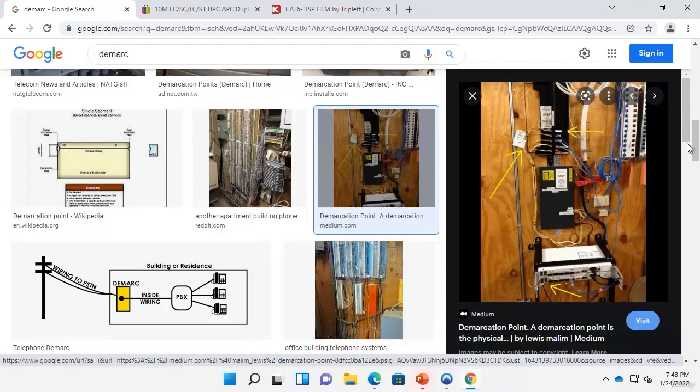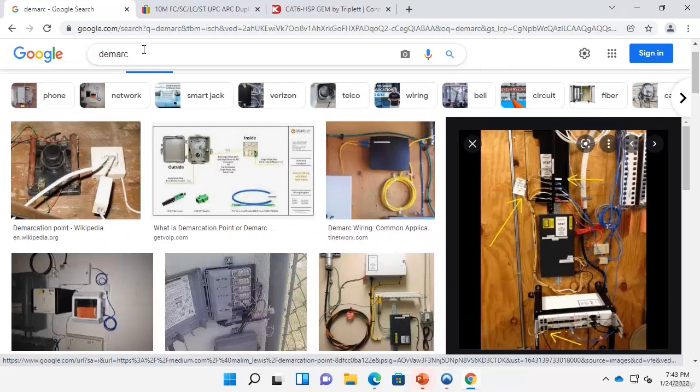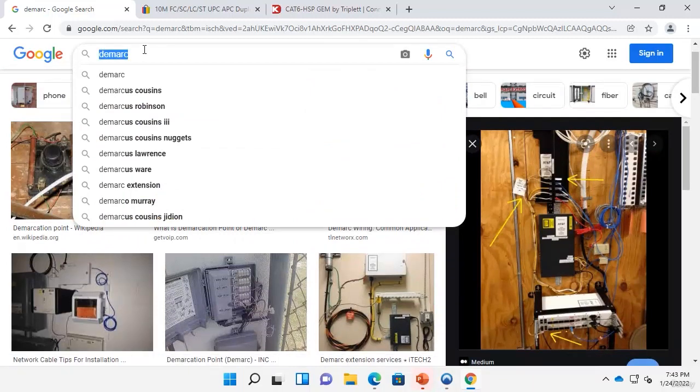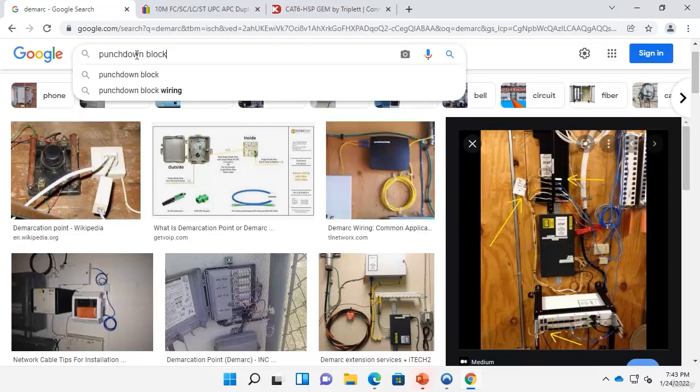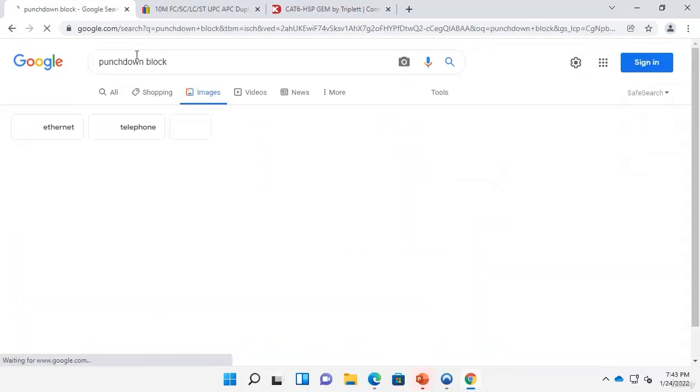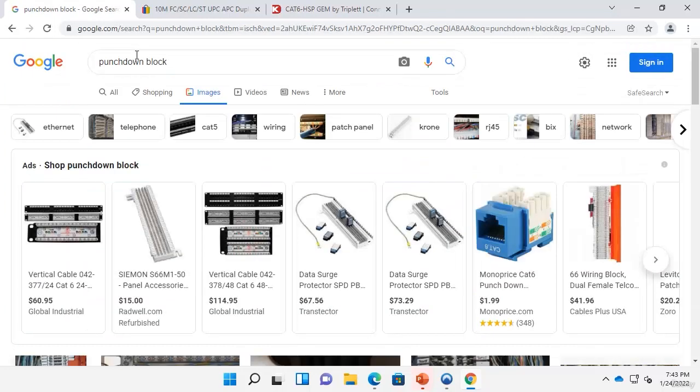All right, let's look at some of these other ones though. The punch down. I know we had graphics in the lecture portion, but this is a punch down.